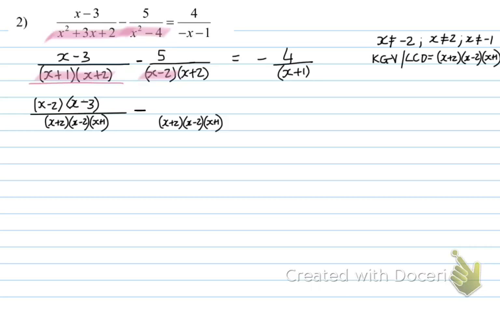Okay, and I ask myself, what do I multiply this denominator with to get to the LCD? I need to multiply it with x plus 1. So I'm going to say 5 times x plus 1. On the other side, I write my LCD again.